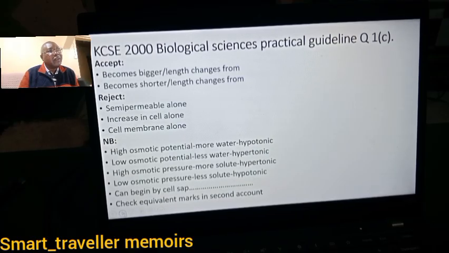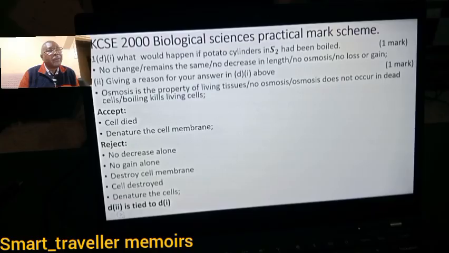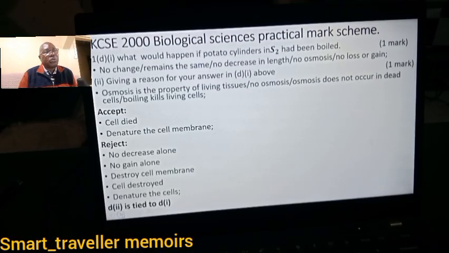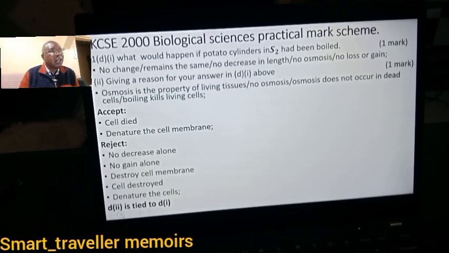Roman 2, give a reason for your answer in D1 above. And the answer is, osmosis is the property of living cells. Okay, or you say no osmosis. Or you say osmosis does not occur in dead cells.